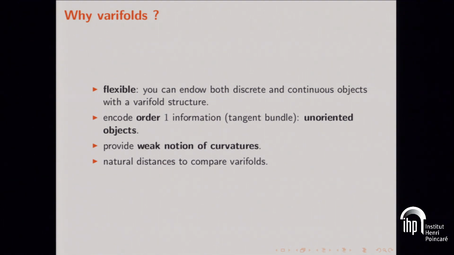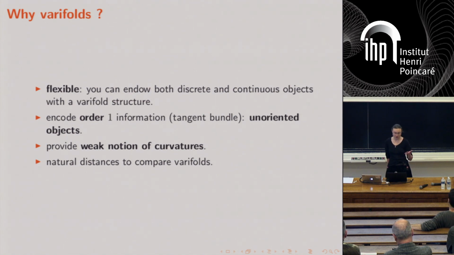Varifolds, essentially, they encode all the first-order information. So they define a way to integrate continuous functions on the tangent bundle. So they will encode your object and its tangential information, but tangential in an unoriented sense. So only the direction, not the orientation.